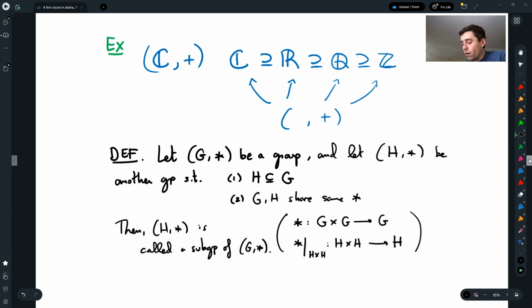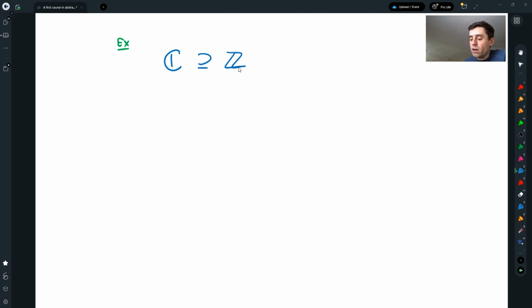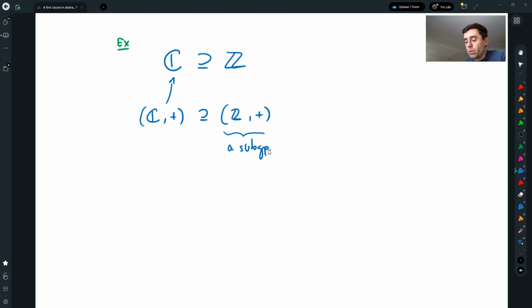Okay, so for example, let me again go back to this example of the complex numbers. So we have the complex numbers and we have, say, the integers. Then under addition, the integers under addition is a subgroup because addition is closed for the integers, and it is the same addition that we use in the complex numbers.